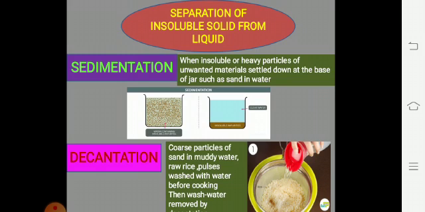That is the small and fine particles of dust present inside the rice and pulses. After adding the water, all the dust comes on the surface of the water. Now we can decant them. This process is known as decantation.